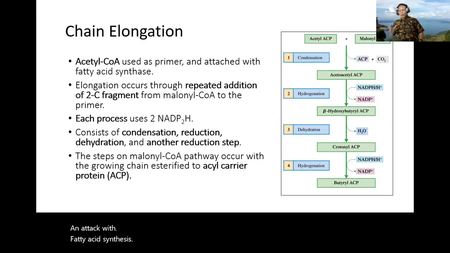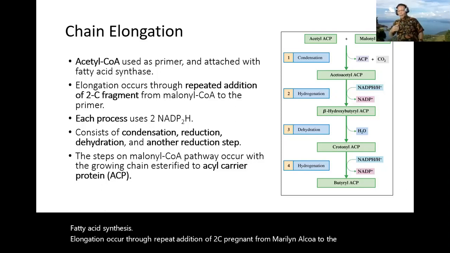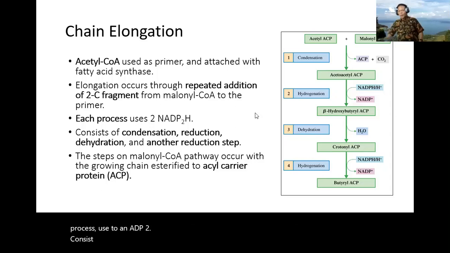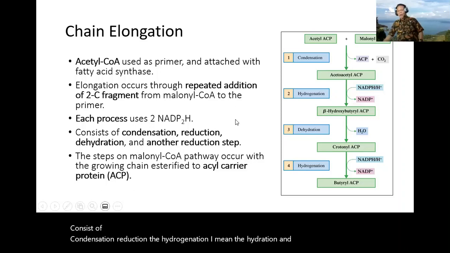Elongation occurs through repeated addition of 2C fragments from malonyl-CoA to the primer. Each cycle consists of condensation, reduction, dehydration, and another reduction step.